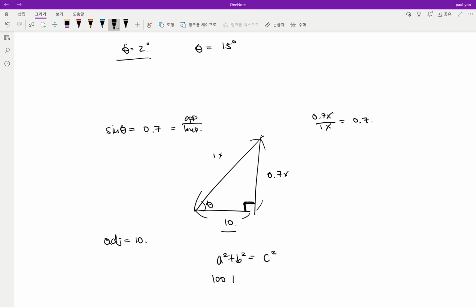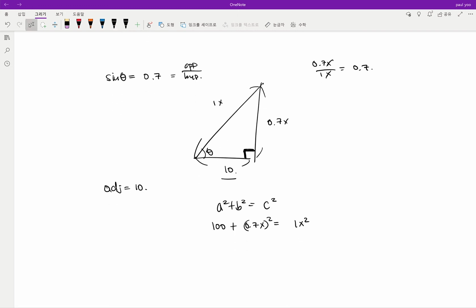So 100 plus 0.7x squared is equal to 1x squared, and solve for x, and then you'll be able to solve the problem. And you can pause the video here and try all problems in 12-2, also including mixed review exercises.